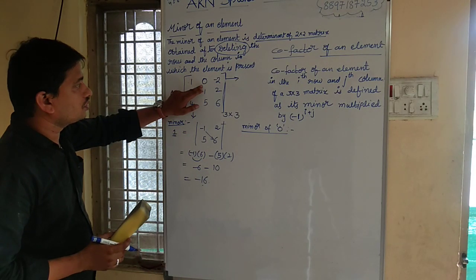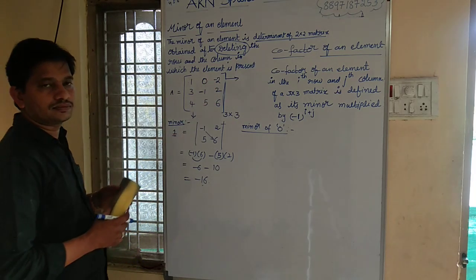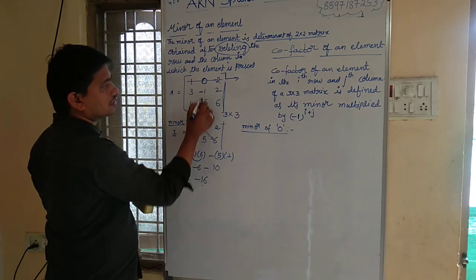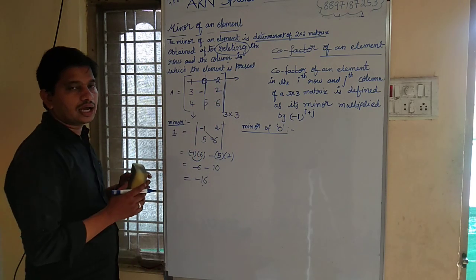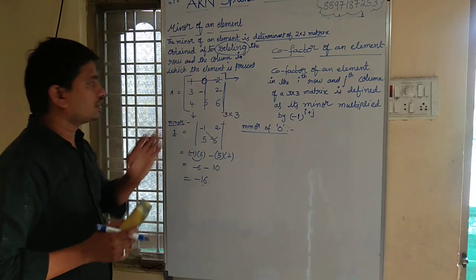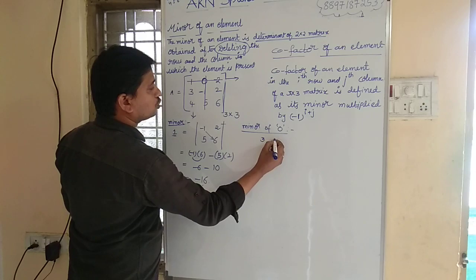This element 0 is in the first row and second column. We need to delete that particular row and that particular column, so the remaining is a 2 by 2 matrix.